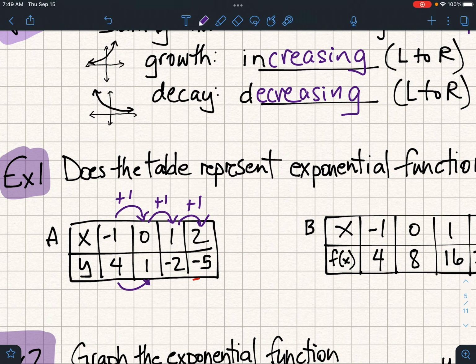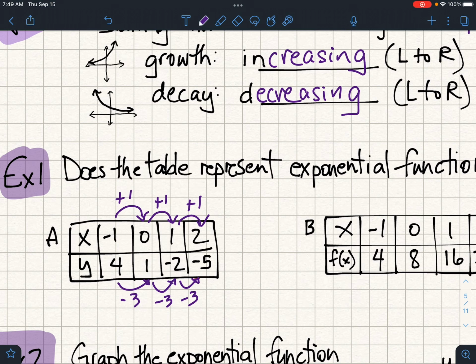If I look at the bottom from 4 to 1, I could say I divided by 4, or multiplied by a 4th. Or I could see that it goes down by 3 every time. And going down by 3 explains all of them. They're all dropping 3 units. 4 minus 3 is 1, 1 minus 3 is -2.